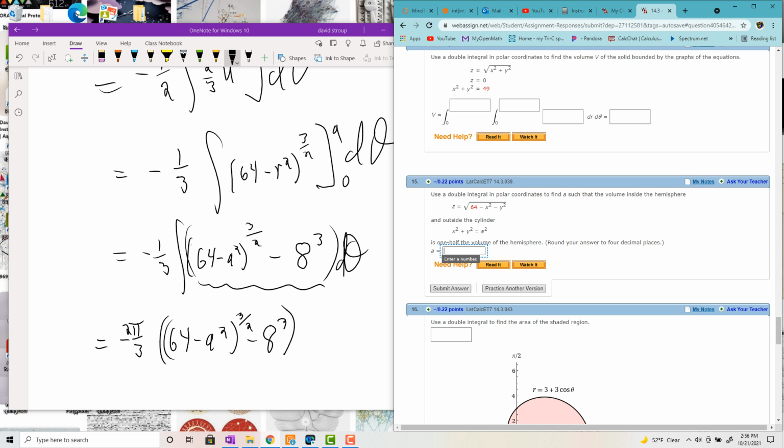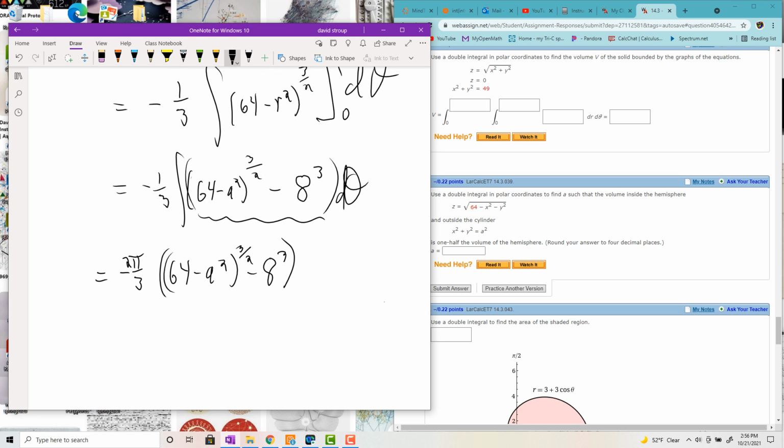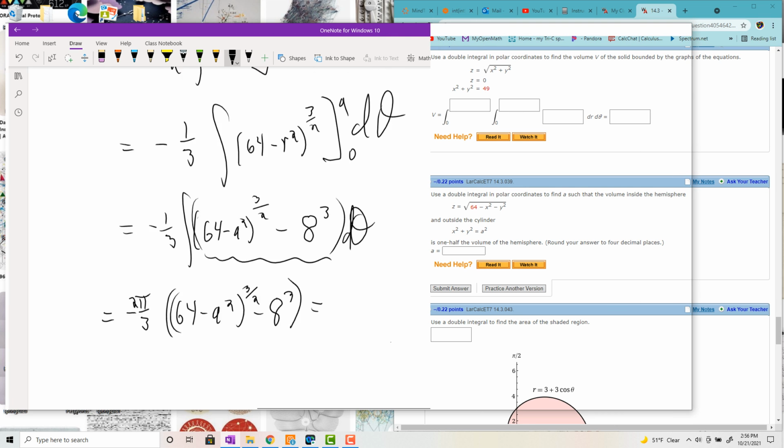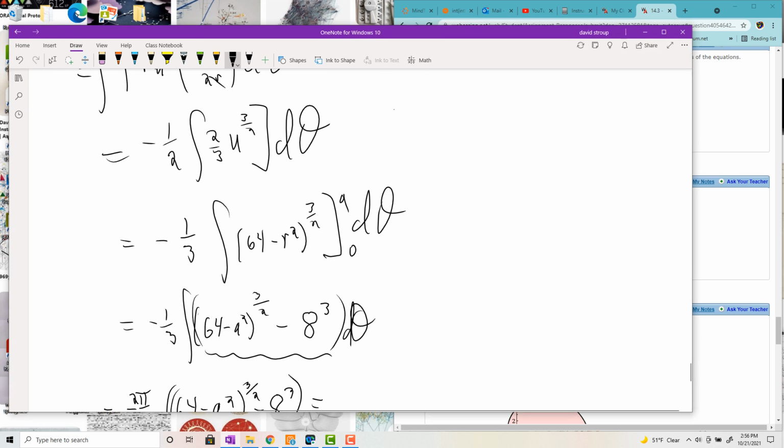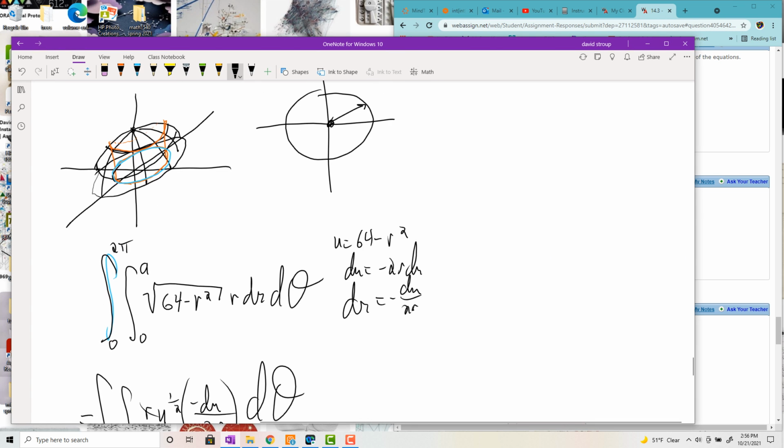Oh, they give you some more information. It's 1/2 the volume of the hemisphere. So that thing is equal to 1/2 the volume of the hemisphere. So I need the volume of the hemisphere then on top of everything, all my other problems. So the volume of the hemisphere is just, what do I got to iterate for this one then?